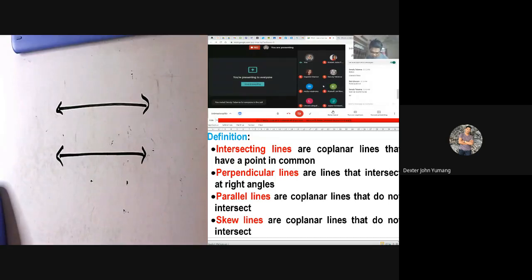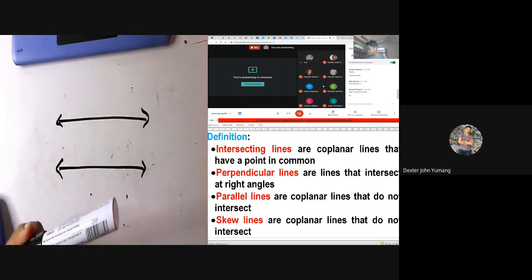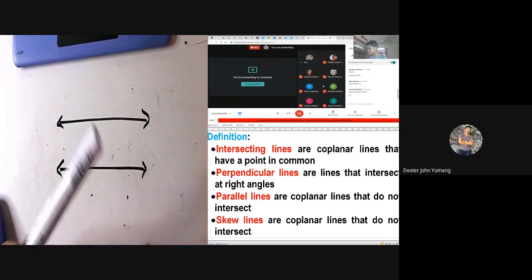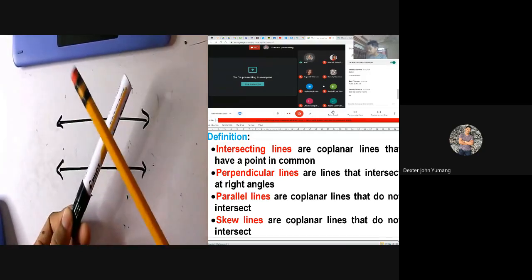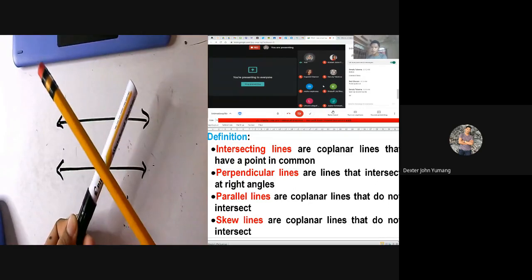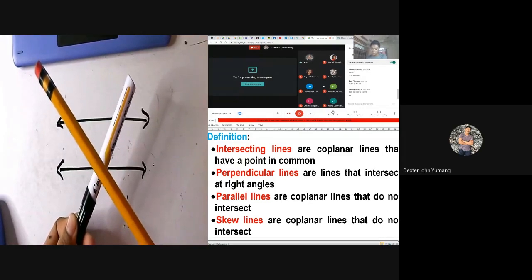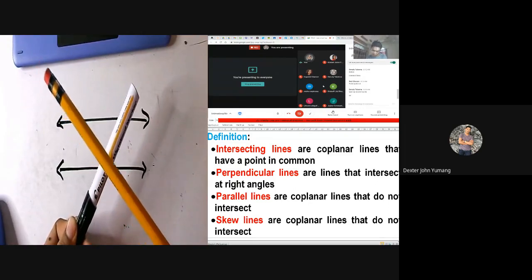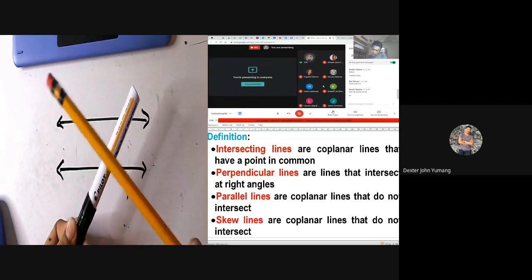Next is the skew lines. Skew lines, ang tawag po are coplanar lines that do not intersect. When you say skew lines, para siyang 3D object. For example, if you're going to look at this side, ito siya, kung makita niyo sa figure, nag-cross ba ang dalawang object na ito, ang marker at saka pencil, nag-cross ba sila, yes or no?